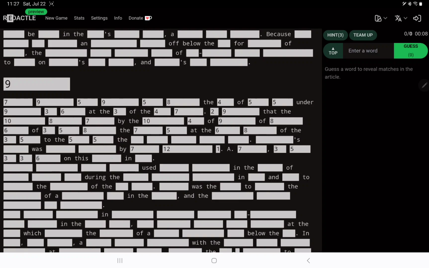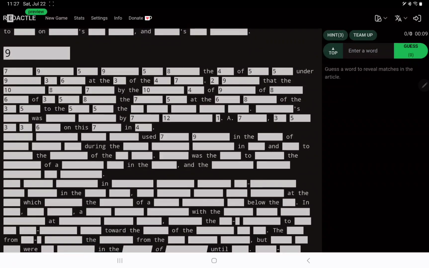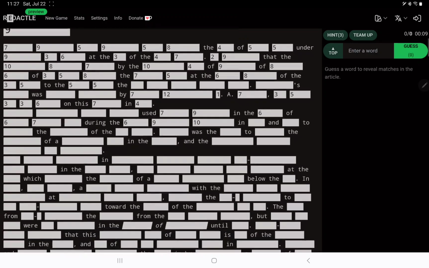A7, who first something set his something on this 7 in some year, used 7-9 during the 6-9. I wonder, expedition, maybe?